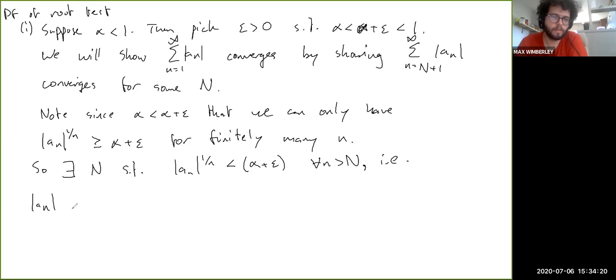The absolute value of an is less than alpha plus epsilon to the n. Okay? So now we can use the comparison test to argue that because this converges, right?